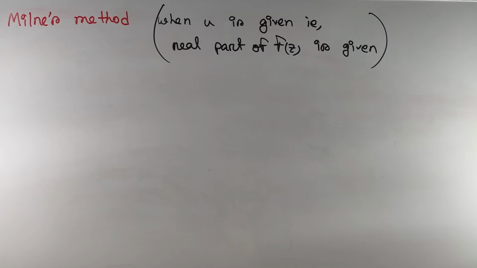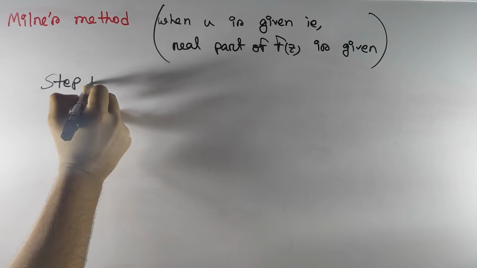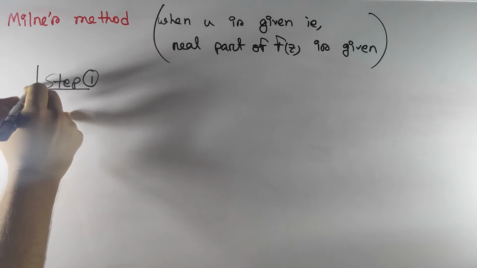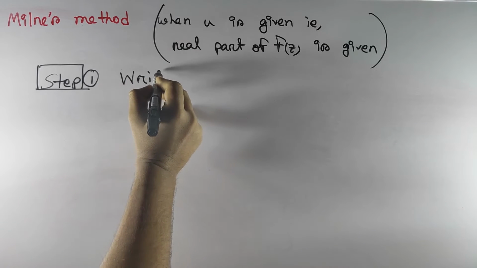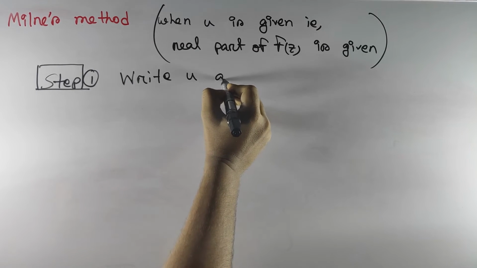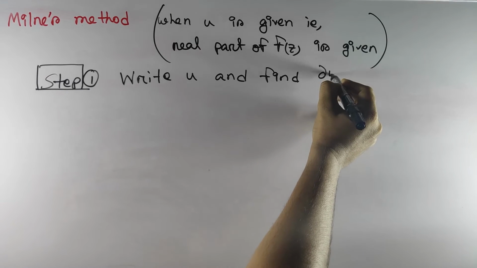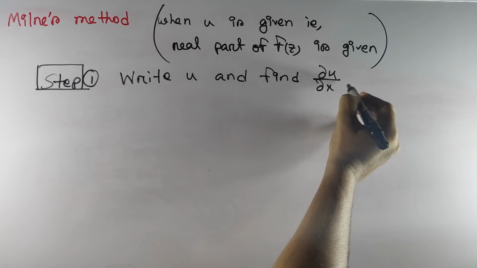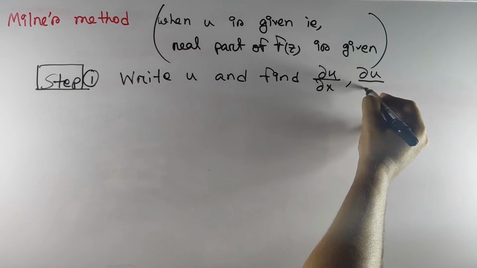First rule, when u is given, that is the real part of f(z) is given, then our first step: one, write u and find del u del x, del u del y.